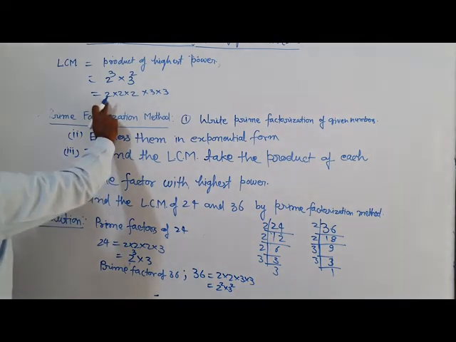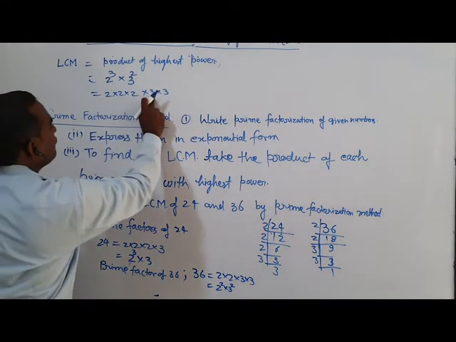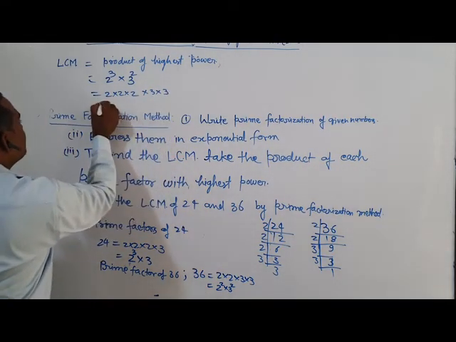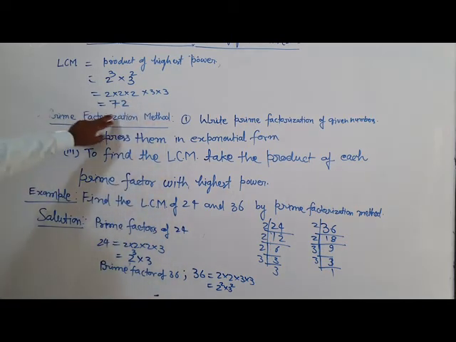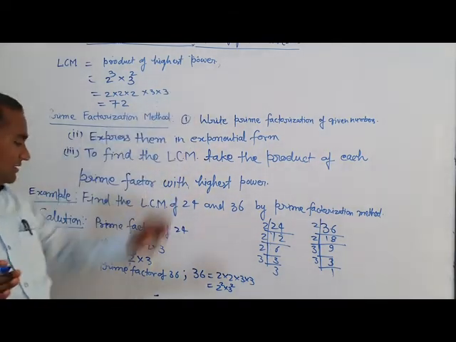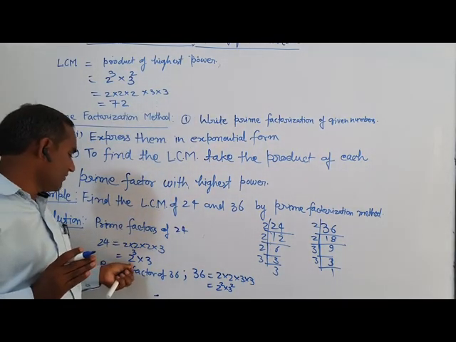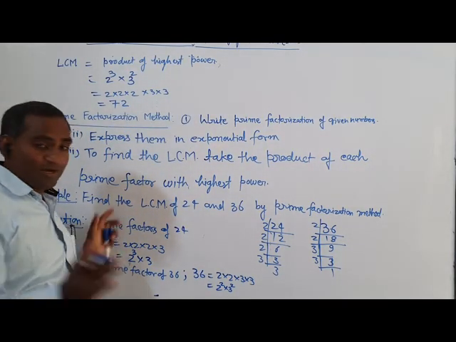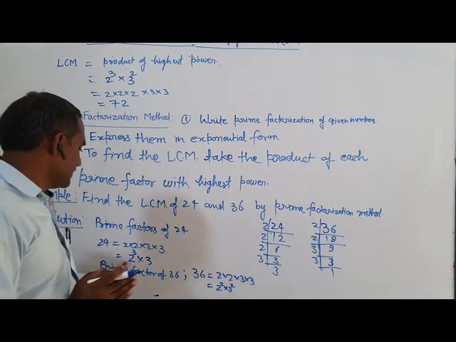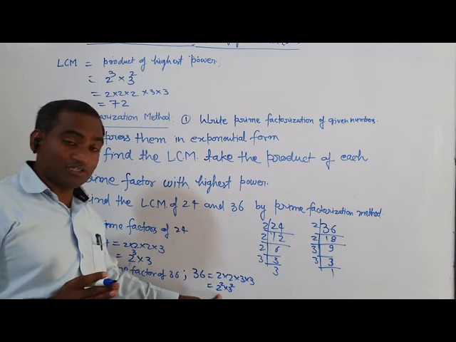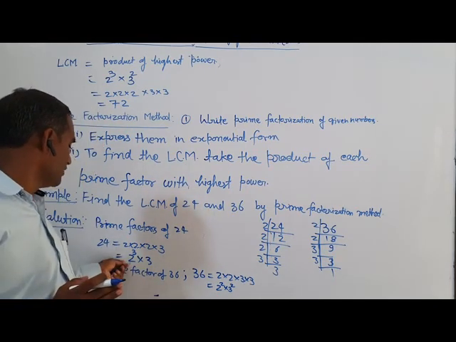2 twos are 4, 2 fours are 8, 3 eights are 24, 24 threes are 72. Here the LCM is equal to 72. The LCM is the product of the highest powers. In 24 the highest power of 2 is 2 raised to the power 3. We merge both and take the highest power. Factor 2 is here and also here; the highest power is 2 raised to the power 3.